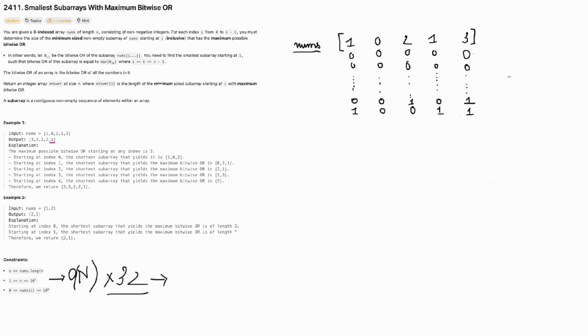So how can we manage this problem? Let's say we have the index as well: 4, 3, 2, 1, and 0. This is our index. Somehow, how can we manipulate these things?